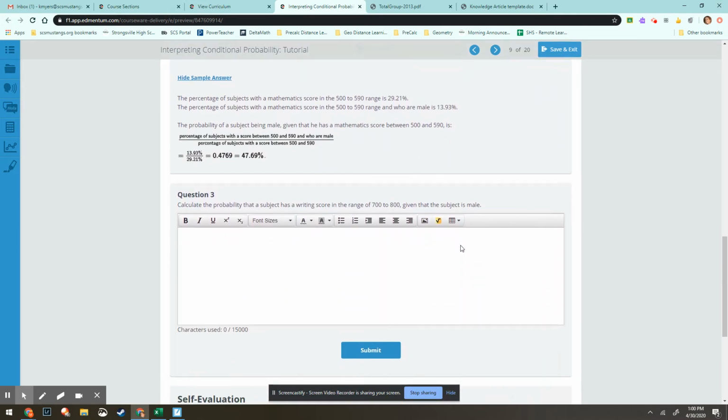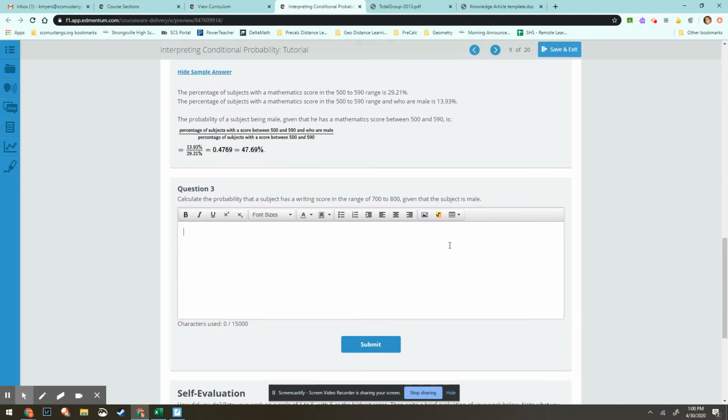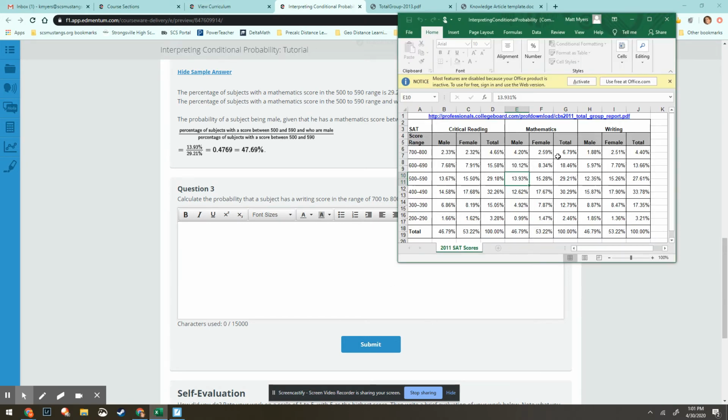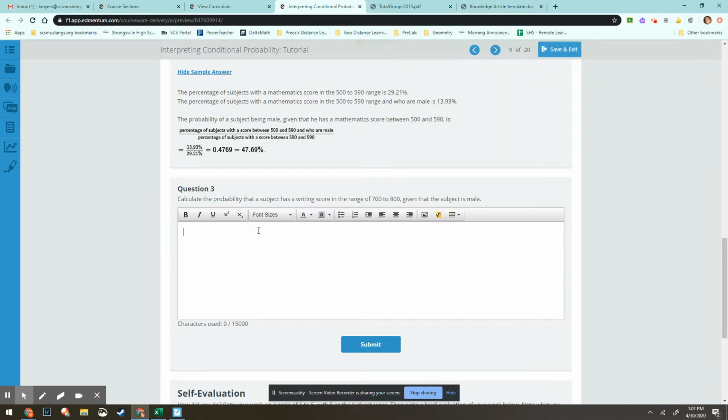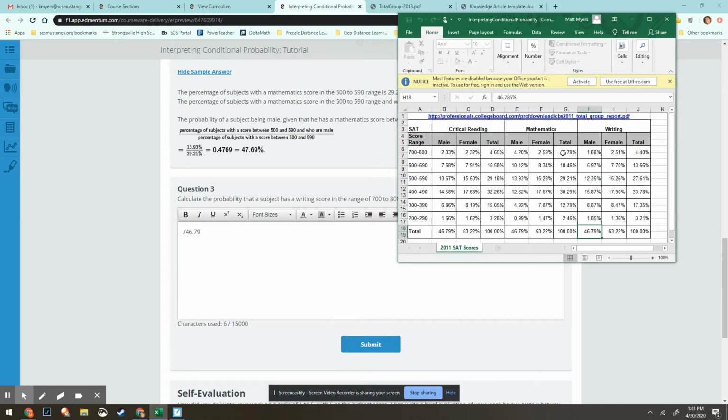Okay. And then finally here, calculate the probability that you got between 700 and 800 on the writing score, given that you're male. So the total percentage for male, you notice, is 46.79. So it's going to be my denominator. And then the percent of people that had a score between 700 and 800 on writing and were male, 1.88%.